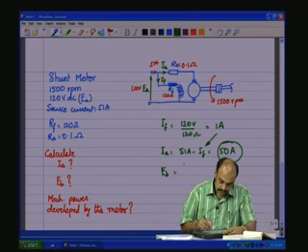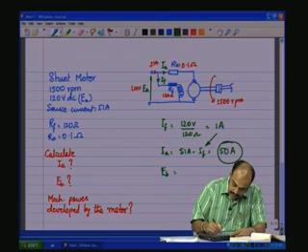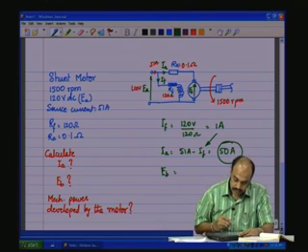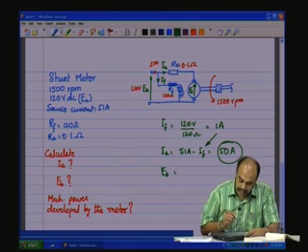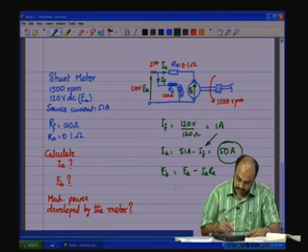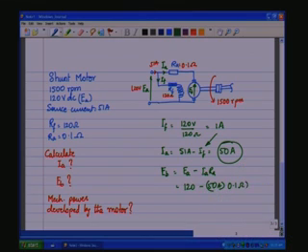EB is the back EMF, which is across the brushes. It is EA minus IARA drop, which is 120 minus 50 amps into 0.1 ohms, which is 115 volts. This is the second.